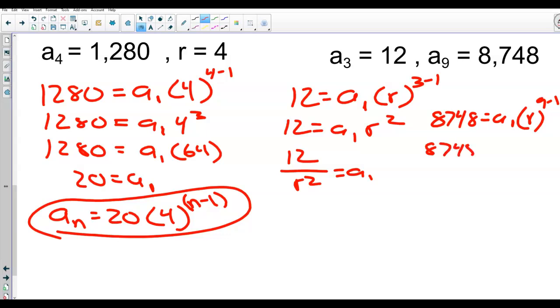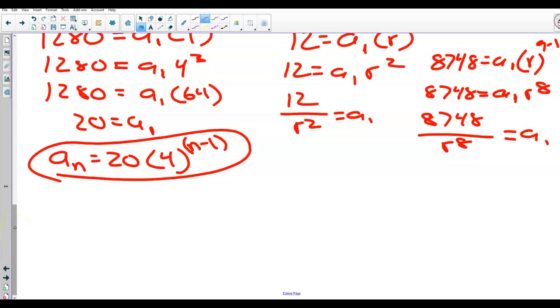So 8,748 = a_1 · r^8, and 8,748 over r^8 equals a_1. That's the key, getting the two fractions equal to a_1. Now you're going to set them equal. 12 over r squared has to equal 8,748 over r^8.